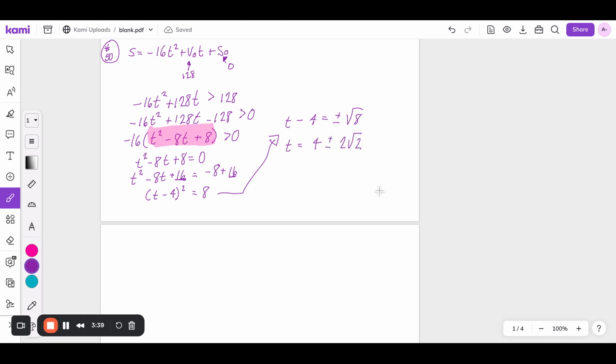You have to simplify. So your two answers here on the number line for you to test on the intervals are 4 minus 2 root 2 and 4 plus 2 root 2.